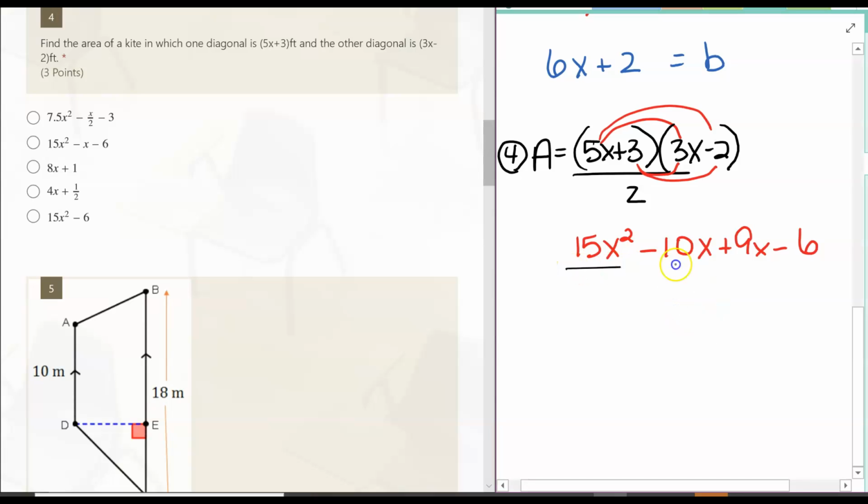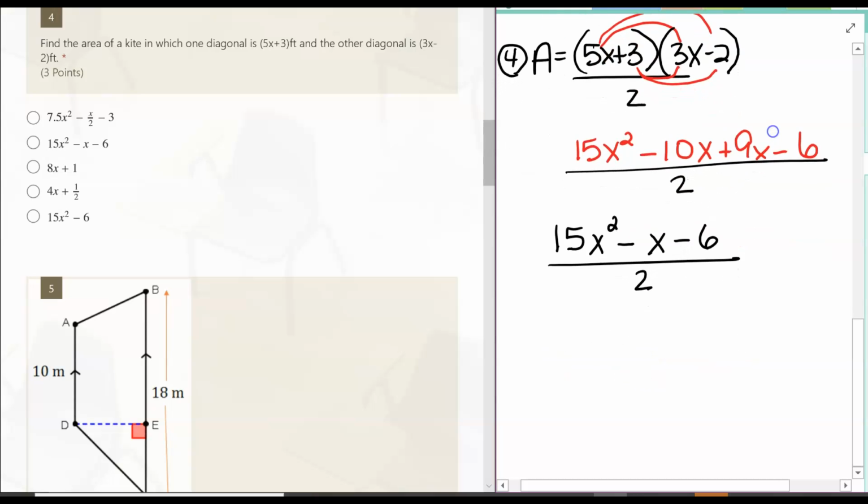And now we simplify by combining like terms. So we have 15x squared minus 1x minus 6 divide by 2. When I divide that by 2, I'm going to get choice 1, 7.5x squared minus 1 over 2x minus 3.